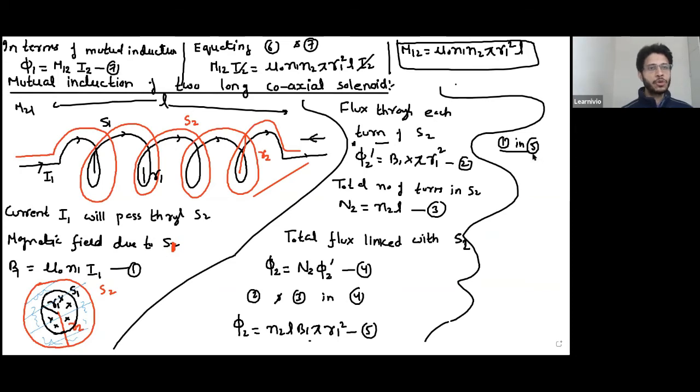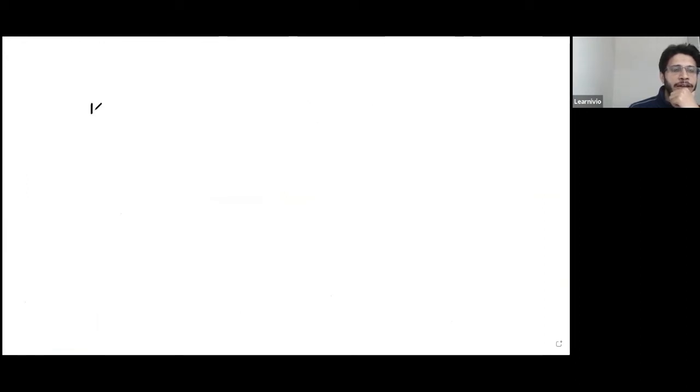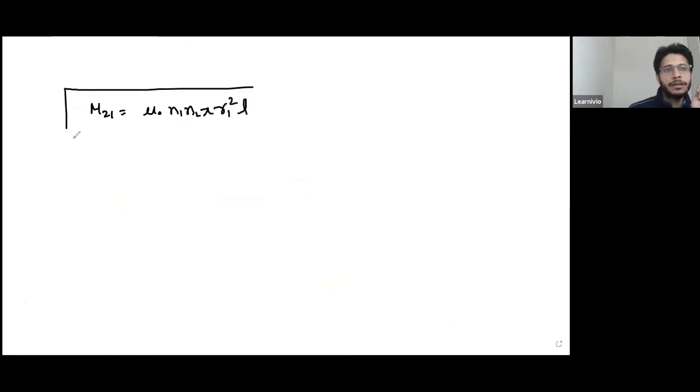Okay, just substitute 1 in 5 and repeat all steps like we did in the previous case, and get the value of M21. Tell me how much is M21. So when you substitute these values and equate them all, you will get M21 is equal to mu naught N1 N2 pi R1 square.